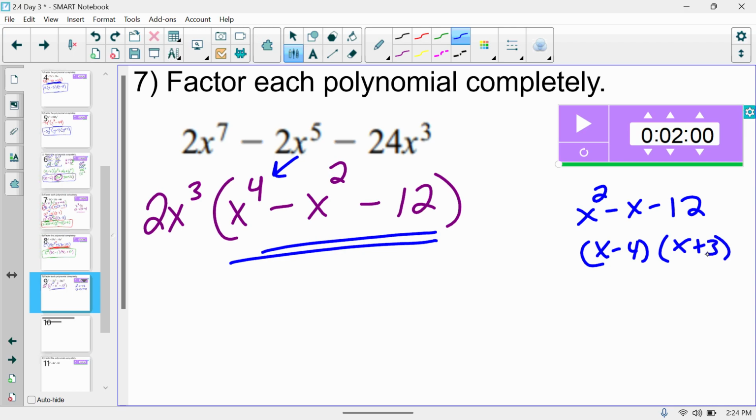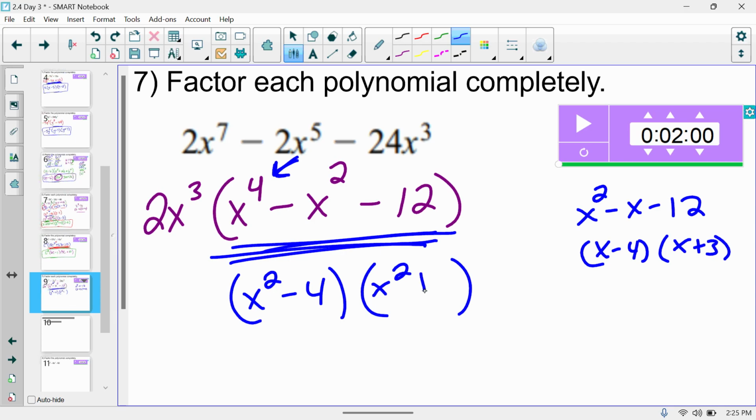Okay, so look, this isn't a quadratic because it's degree 4, but we say that it has the form of a quadratic because you can factor it the exact same way, except it's going to be x squared minus 4 and x squared plus 3 instead of x minus 4 and x plus 3, because just FOIL it out and check it. x squared times x squared gives us the x to the 4th that we want.